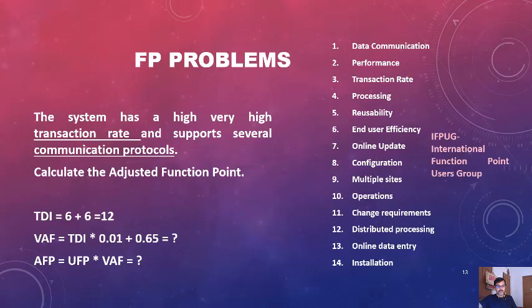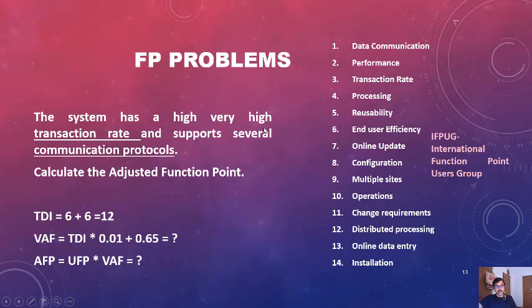The problem was defined as: the system has a very high transaction rate and supports several communication protocols. Look, the transaction rate is the third influence described here. A very high transaction rate means the complexity is very high. So we have taken a 6 as it is a high transaction rate.